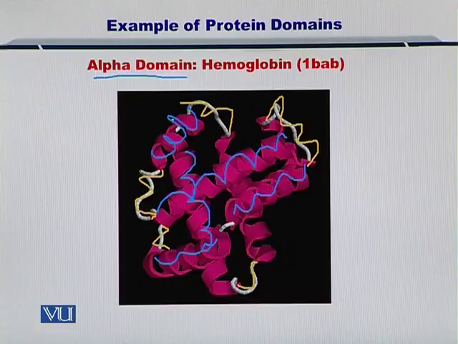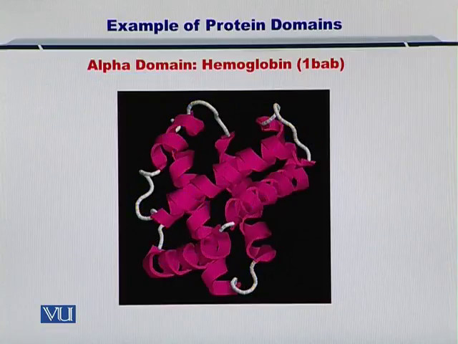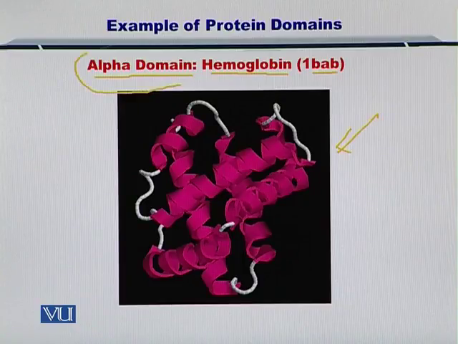So if you have such a protein, then you can assume that it has an alpha domain. This protein is essentially hemoglobin, and here is its ID. So you can simply classify this protein as belonging to an alpha domain. This protein has an alpha domain and it performs certain functions that are representative of alpha domains.